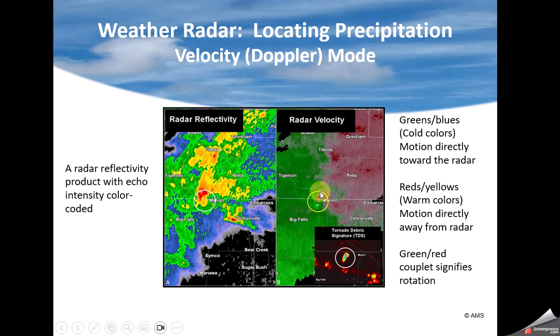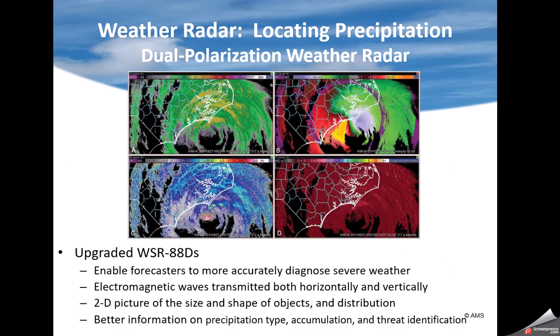And maybe I'm real curious as to see why particles might be moving in a rotation. That may lead to a tornado forecast for me. Or maybe I can see the wind direction and see which way the wind is changing with height. By knowing that, I might be able to determine, oh, the forecast is going great, or no, it's not going so great.